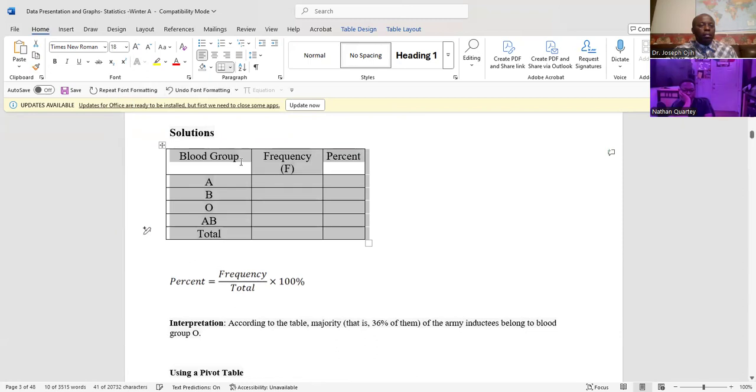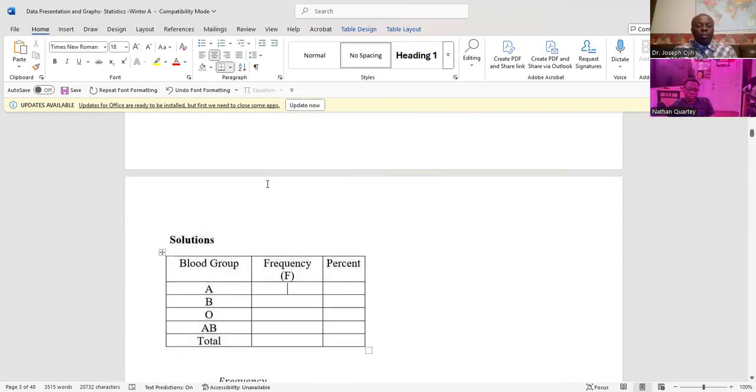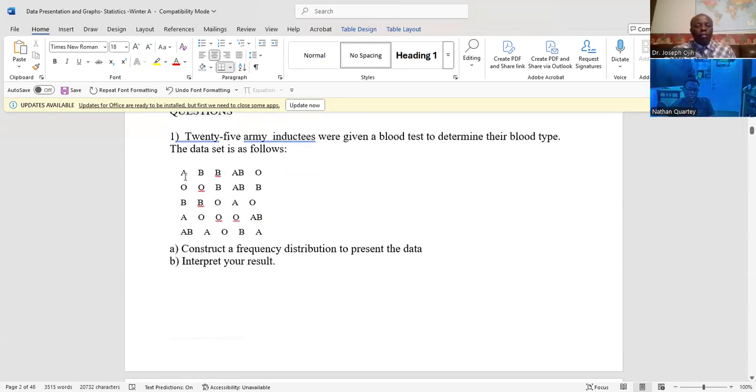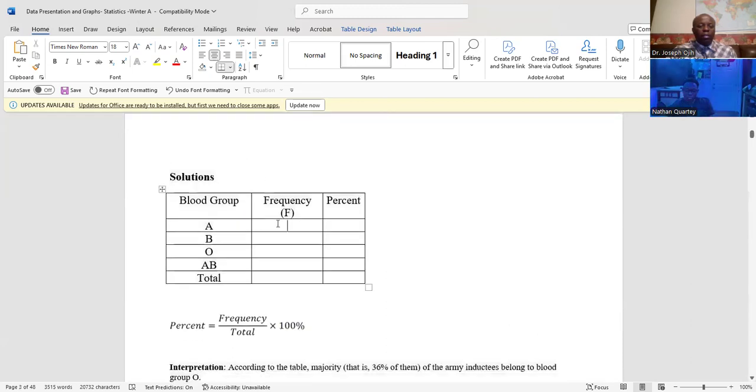Okay. Now, blood groups A, B, O, and AB. For A, how many people are in that group? You can get that by counting. We have 1, 2, 3, 4, and 5. 5 of them, put the 5 right there.